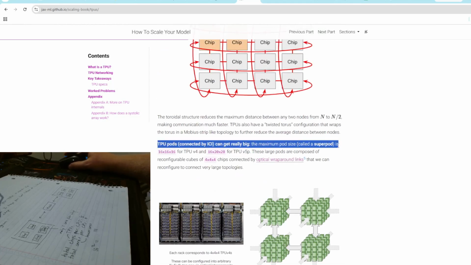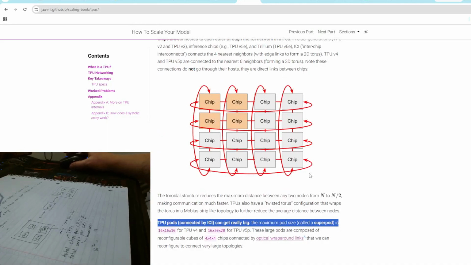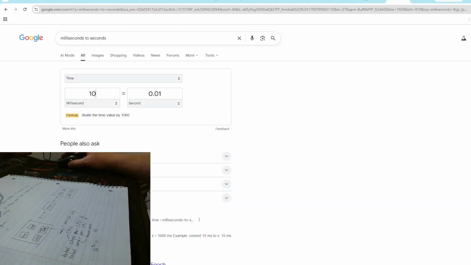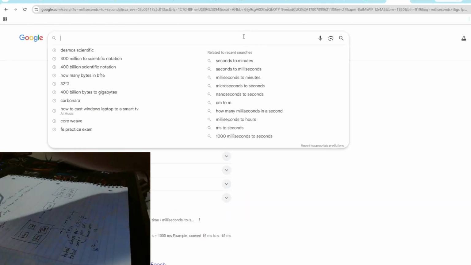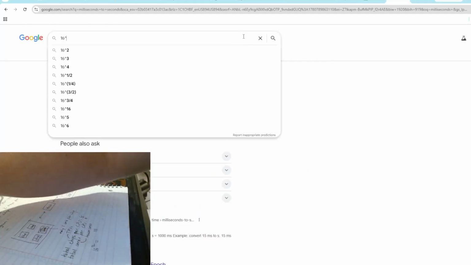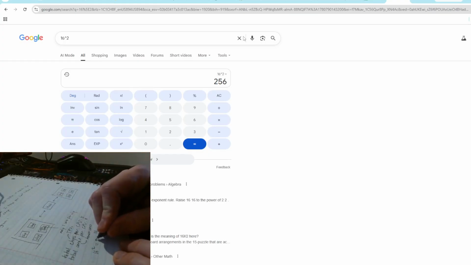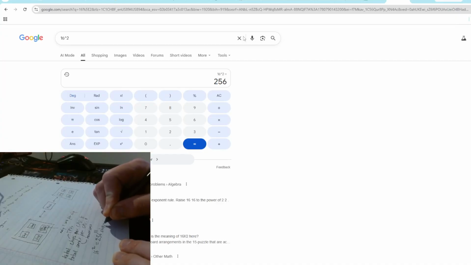TPU pods. Okay, yeah, so it's chips. So 16 by 16 equals, oh my god, what is that? 16 squared, 256. I should probably have that memorized, huh? 256 chips.